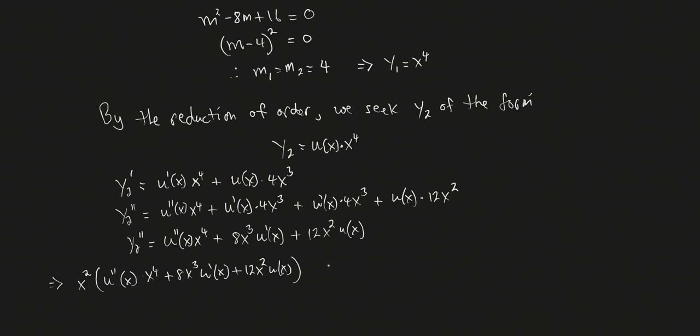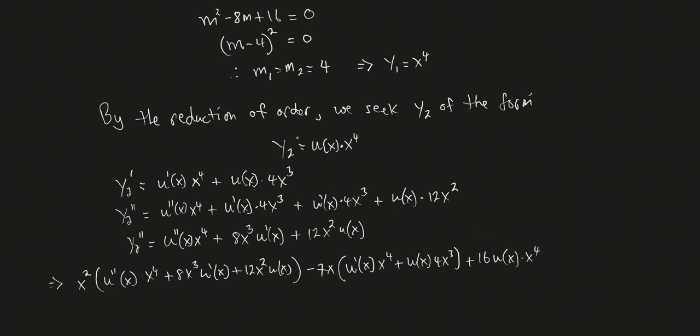And then we have minus 7x times the first derivative, which is u prime of x times x to the fourth plus u of x times 4x cubed, and then plus 16 times our original function. Again, we want it to be of this form, so it's 16 times u of x times x to the fourth.